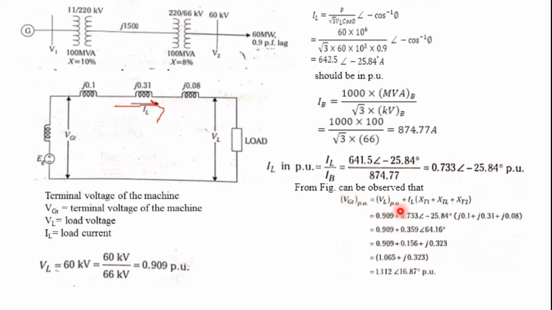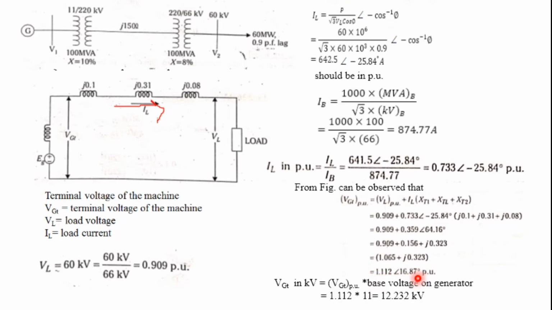The VL in per unit is 0.909, which we already got. The IL value in per unit is 0.733 at an angle of minus 25.84. Transformer T1 is 0.1, the transmission line is 0.31, and transformer T2 is 0.08. After substituting all this and converting between rectangular and polar form, the polar form value is 1.112 at an angle of 16.87.